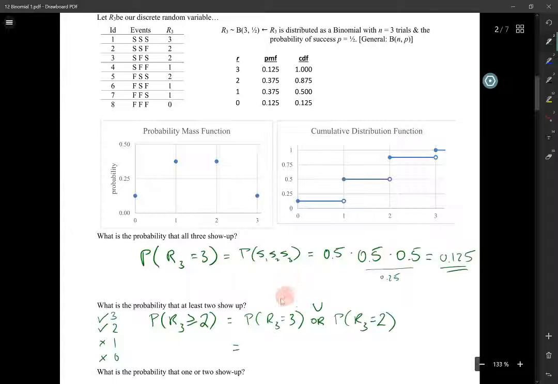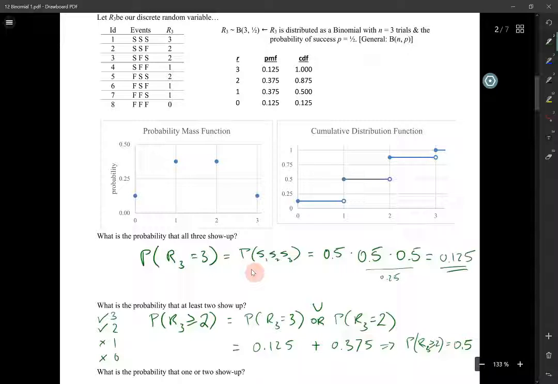So we want the probability that R is equal to 3, which is 0.125, plus the probability that R equals 2, which is 0.375. So the probability that R3 is greater than or equal to 2 is equal to, if we add them, 0.5, a half.